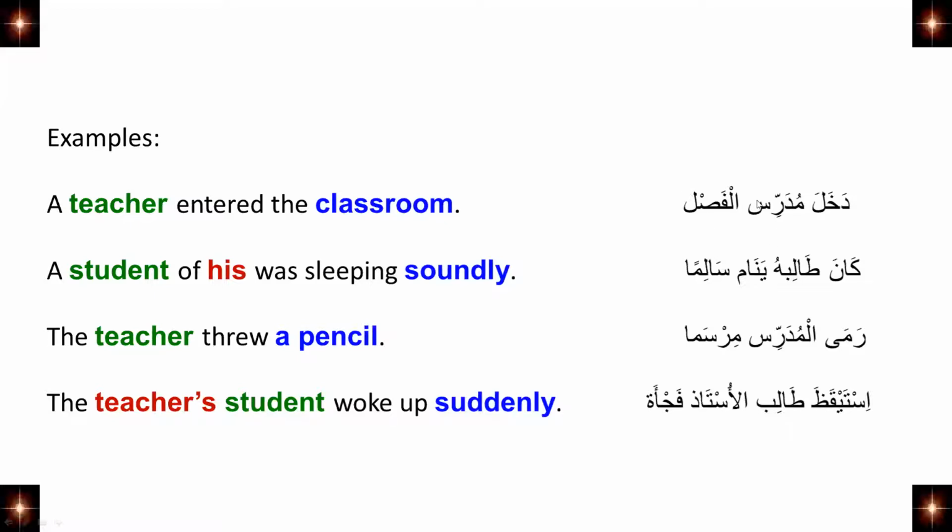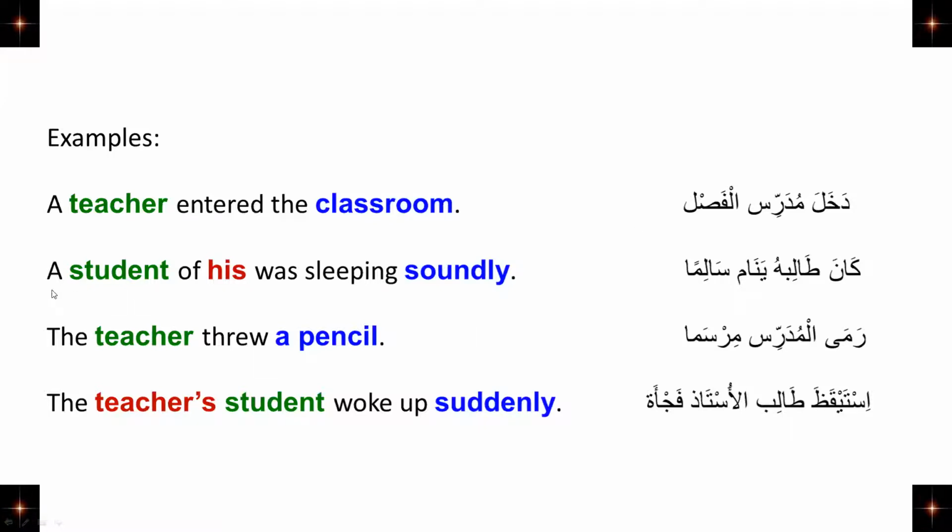This takes dhamma because it is in the status of rafa. It doesn't take rafa, it takes dhamma, but it is the status that is rafa. So you can say it is marfu'un bid dhamma, and this one you say mansubun bil fatha.